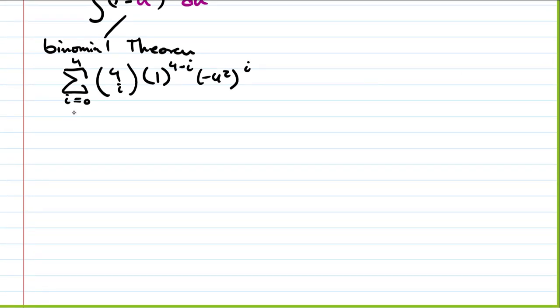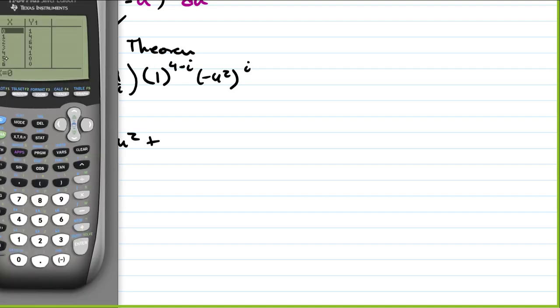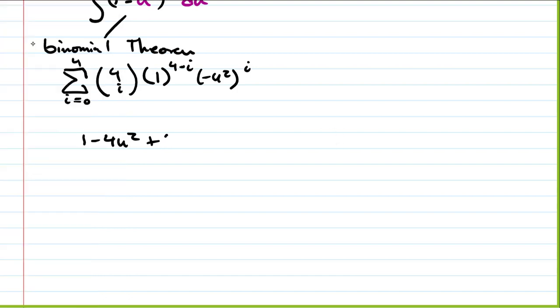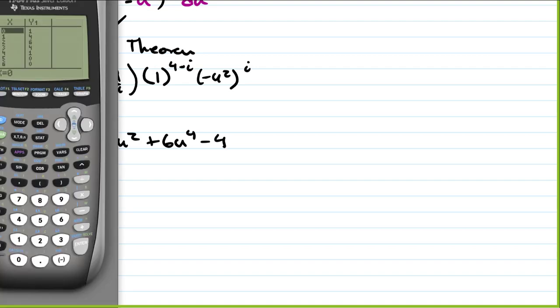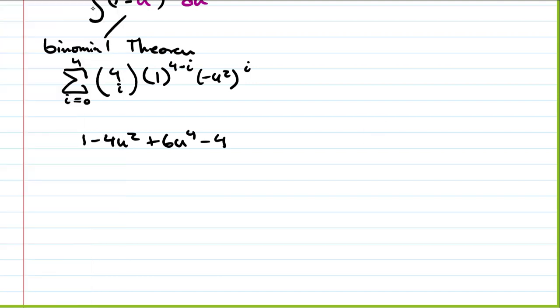And 1 to any power is 1, so it's going to be 1 minus 4u squared plus, our next one, 4 choose 2, gives us 6u to the 4th minus 4, and we go back to 1, 4u to the 6th, and then 1 times u to the 8th.